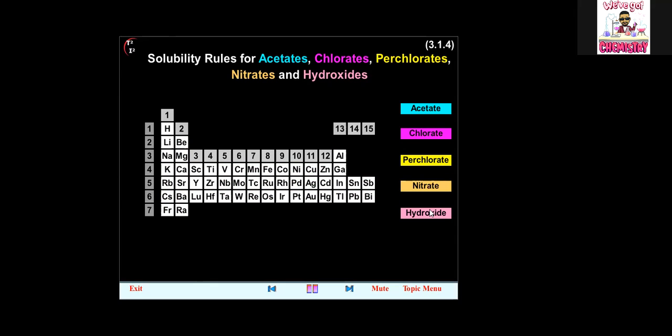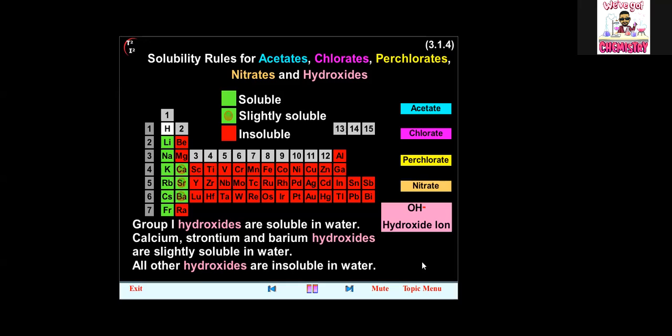What about hydroxide? Group 1 hydroxides are soluble in water. Calcium, strontium, and barium hydroxides are slightly soluble in water. All other hydroxides are insoluble in water. Remember that.